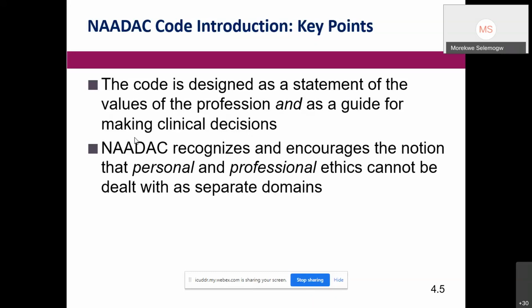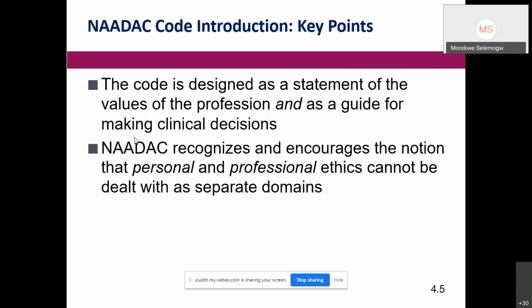It's a statement, it's there for people to see. And it also carries this issue of values that we've been discussing even right now, just before with Beatrice, and even yesterday, that a code of ethics actually is beliefs and values. So even with NAADAC, these are values that govern the profession. And most importantly, they also act as a guide for making clinical decisions or making ethical decisions.